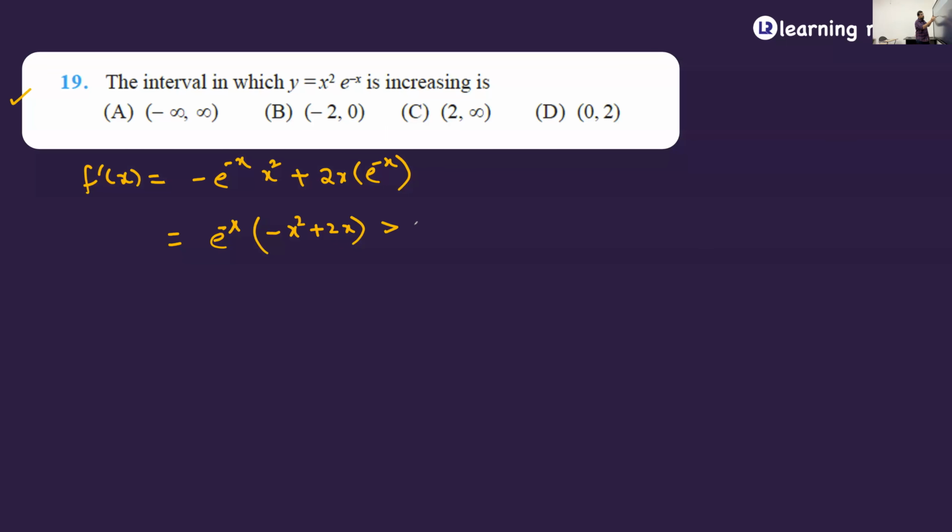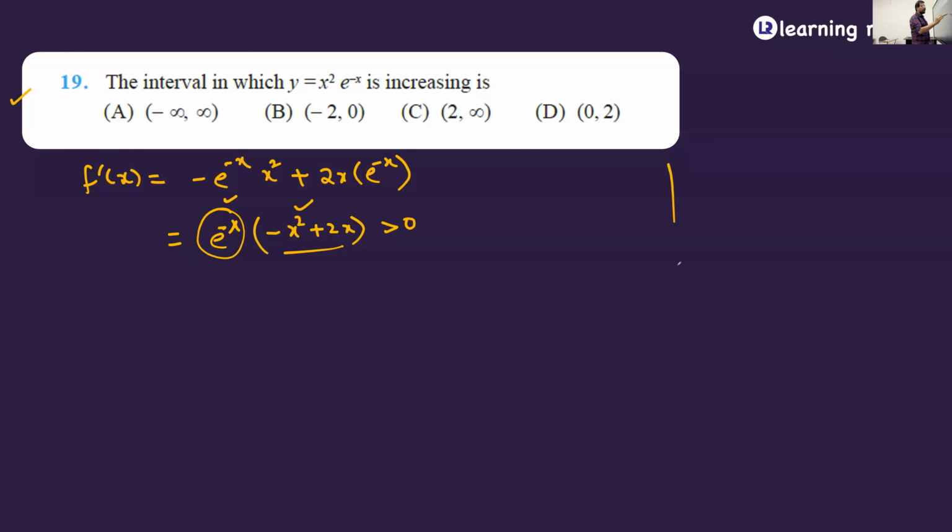So for this function to be increasing, e power minus x, an exponential function, multiplied with an algebraic function, is greater than 0. And remember, an exponential function by default is always positive. Why?